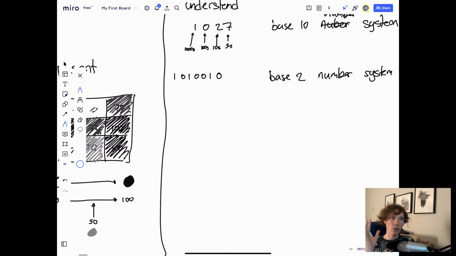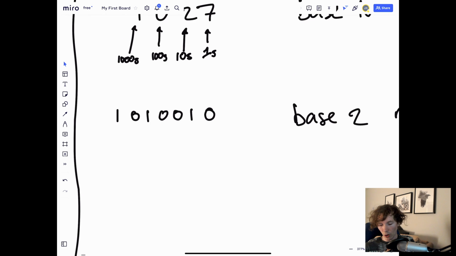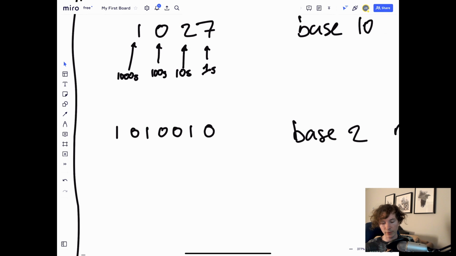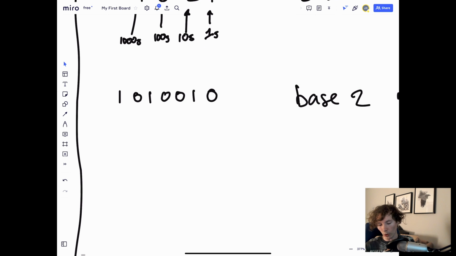But what's really not obvious to people when they start learning about binary is how do you take that concept from above, of, you know, like the first digit is the ones and the second digit is the tens, etc., etc. How does that work in binary?